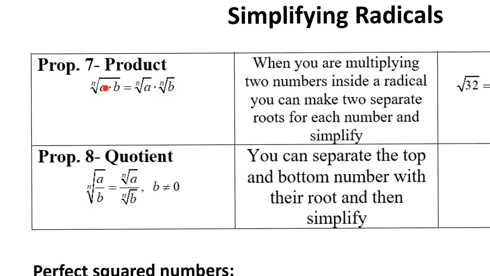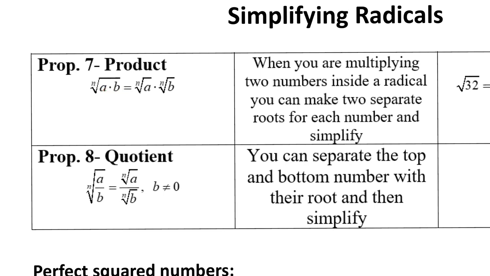So you take the first number with the radical, and the second number with the radical. Sometimes you are able to multiply a perfect square number with some other number inside of the radical, and that's going to help you simplify the radical. You can also go backwards. If you're multiplying two square roots, you can make one square root, multiply the radicands, and then simplify from there.